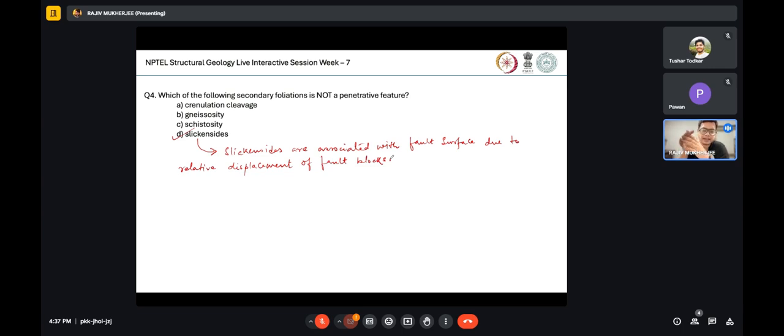That is a very special case, but in general, fault movements in the upper crust of the earth are strictly restricted to brittle deformation, and that is why whenever we see slickensides on exposed fault surfaces, they are non-penetrative in nature.